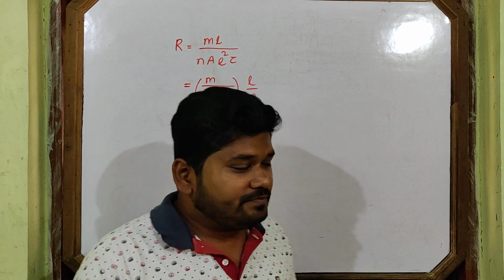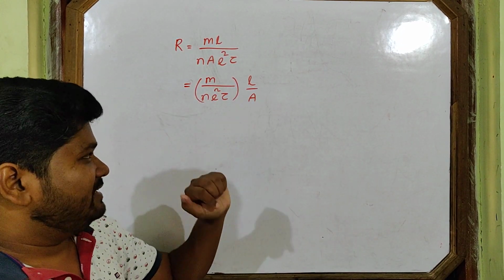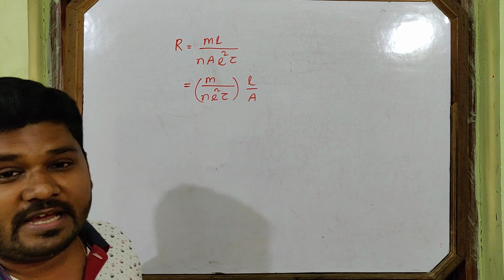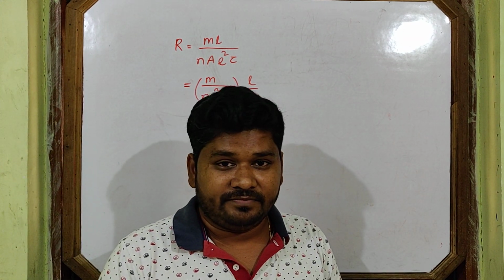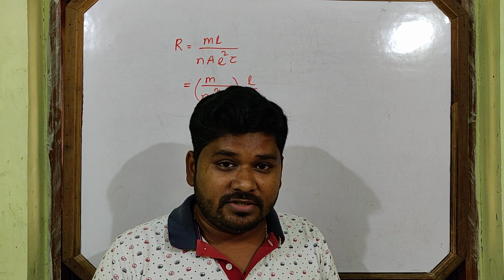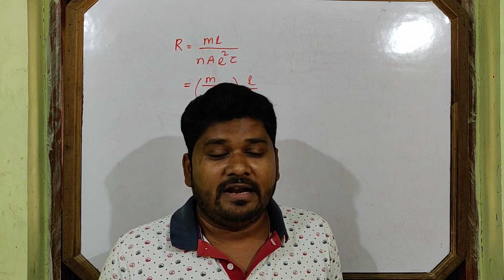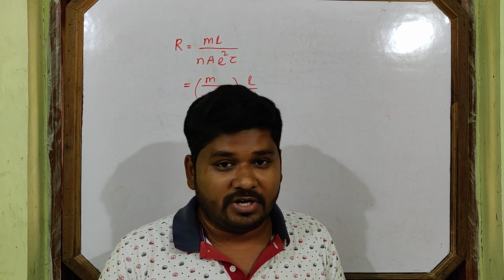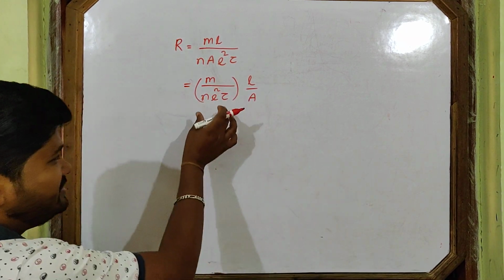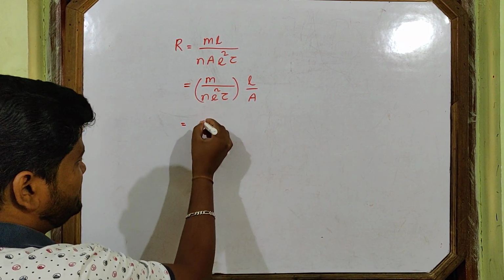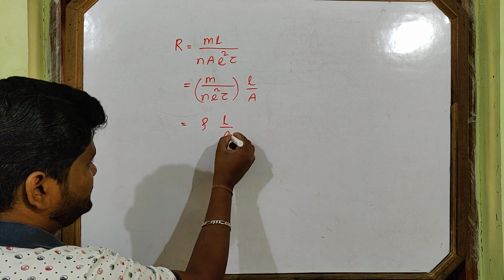L and A are the length of the conductor and the area of cross section of the conductor. They depend on the geometry of the conductor. But this other term is one constant, that is rho.